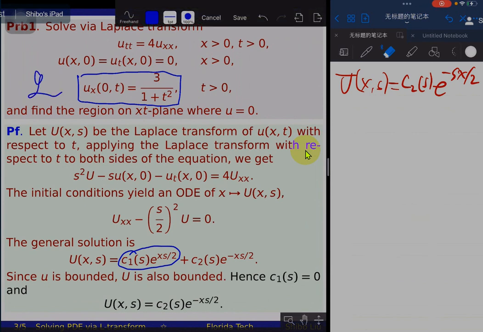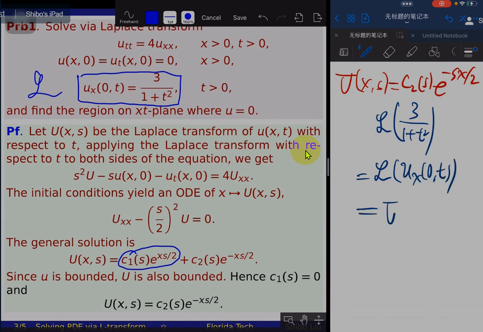We will have the Laplace transform of this function, 1 plus t square, equals the Laplace transform of small u(0,t), which is just capital U(0,s). The left hand side we denote by capital F(s).